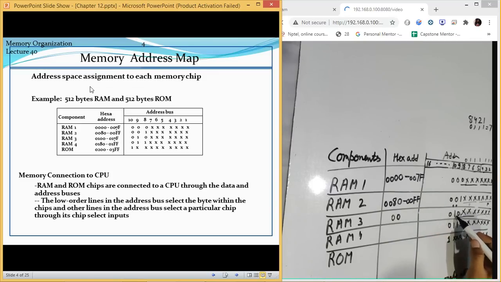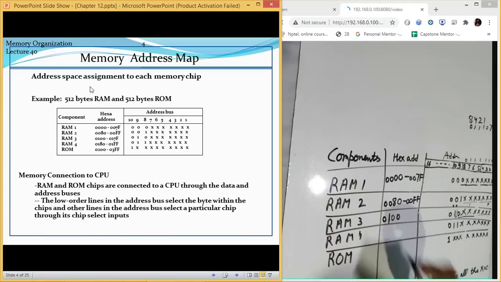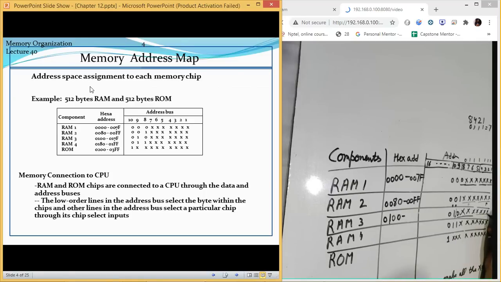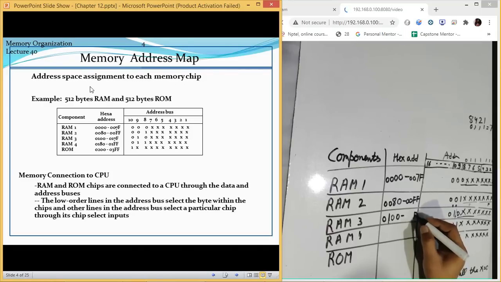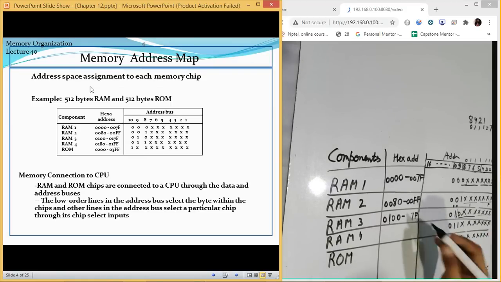The ninth bit being 1 means this value is the only one which has a value 1, so it will remain 1 and the rest are all 0. So this will be the next address. After that, make all these values 1. So this will be F. Make all these values 1. It will remain 7. And the last value will be 1. So it will become 17F.